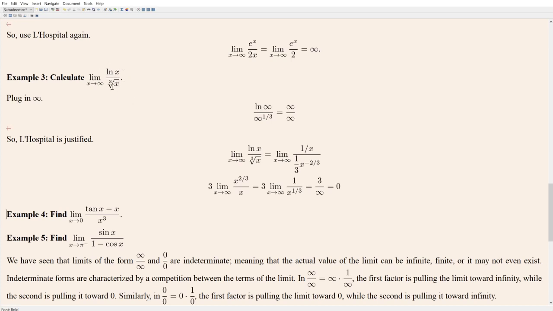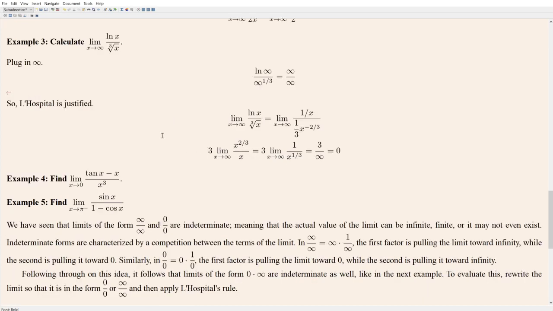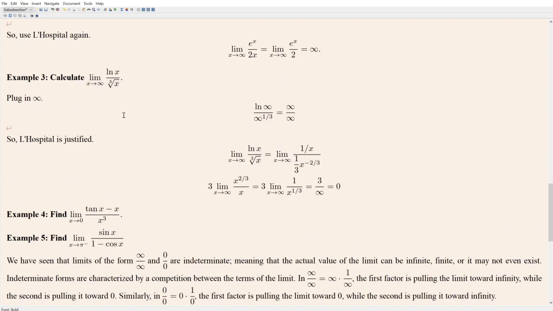So that means cube root of x explodes to infinity much faster than the natural log does. Right, so all of these results you can sort of interpret in terms of one function being stronger than the other, so to speak. Where by stronger I mean approaches the limit faster.